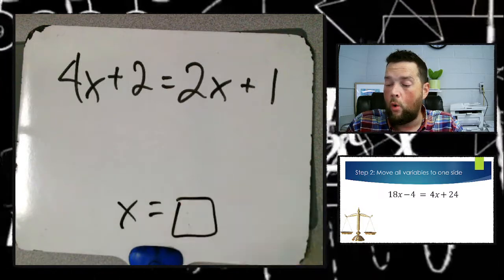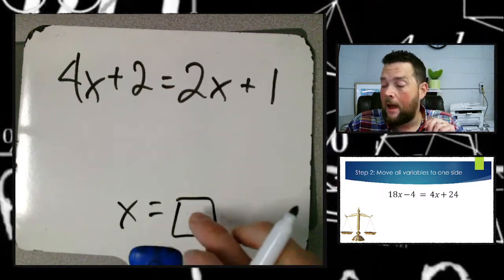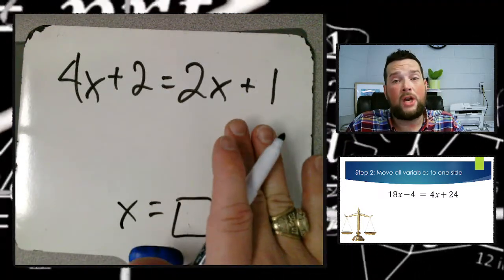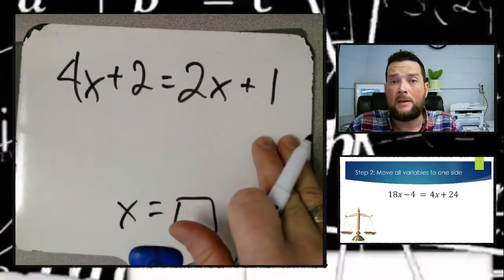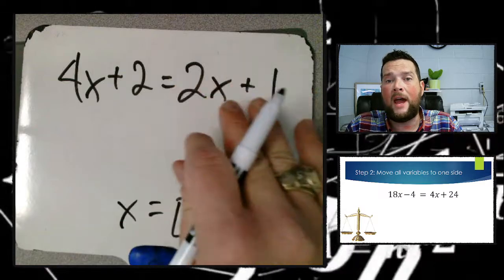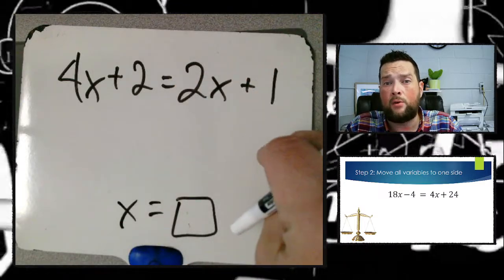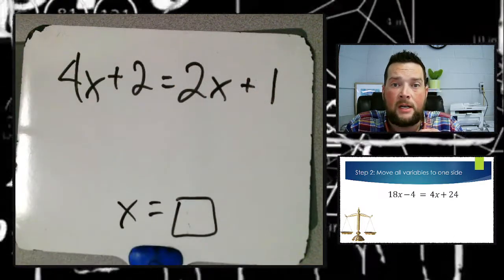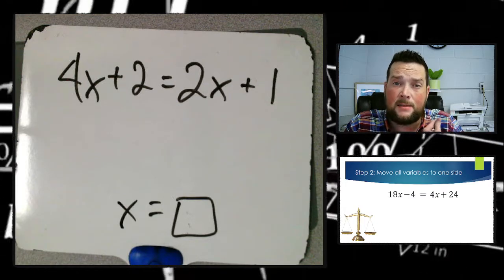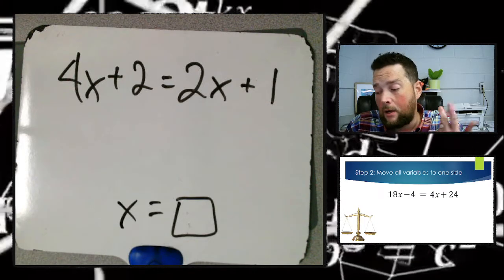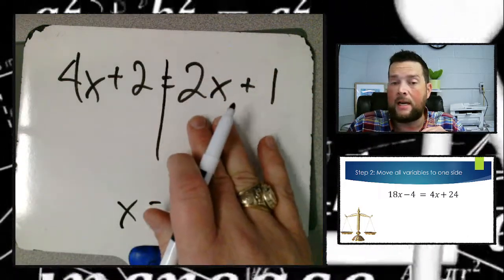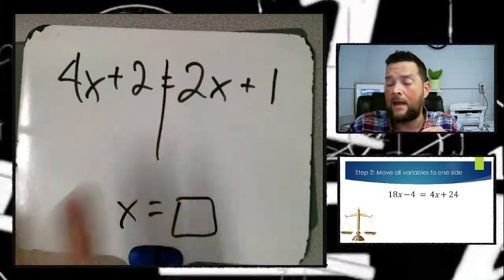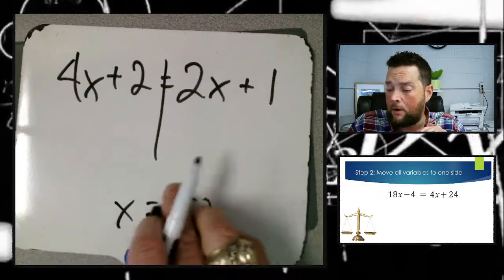We want to know what x equals. So generally speaking, if we have variables on both sides, we want to do the work on the right side to get rid of the variables so that we get them all to the left side. That's my MO. That's how I operate: I always think in terms of trying to get rid of the variables on the right side and getting them to the left side.